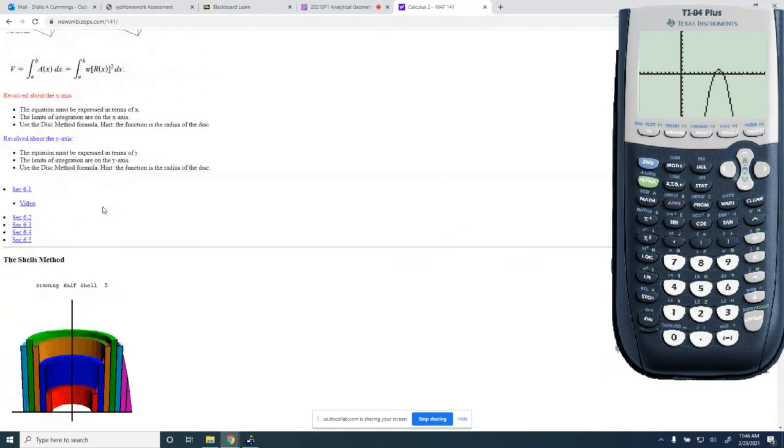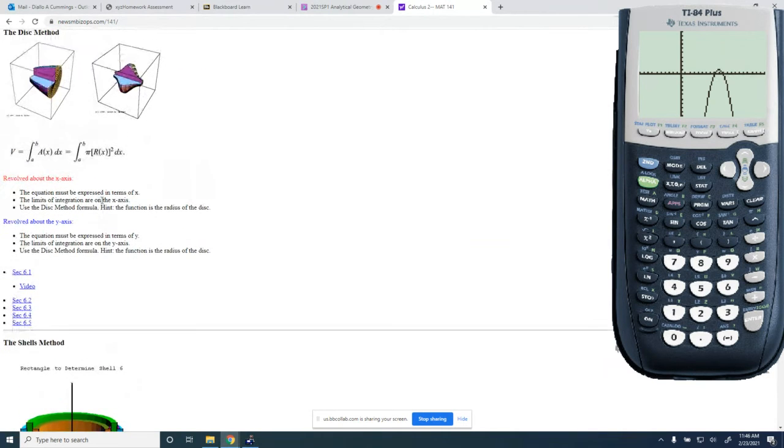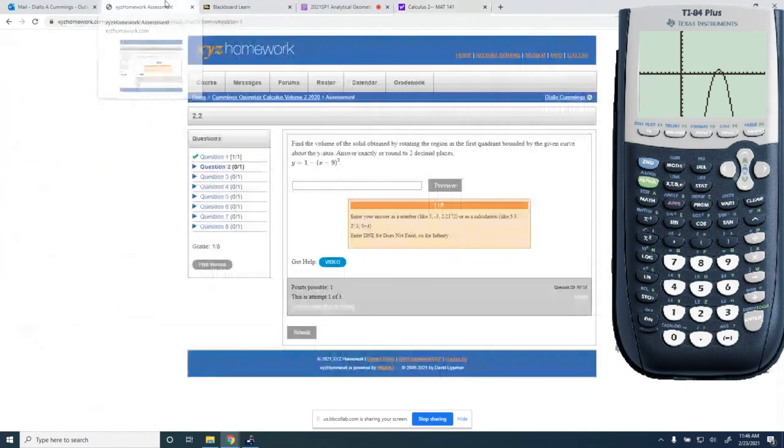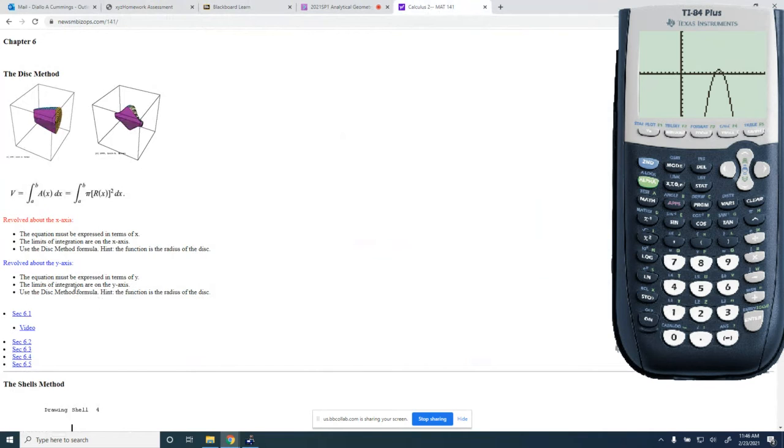All right, so if we're revolving about the y-axis, if you're using the disk method, your equation must be expressed in terms of y, right? But notice that our equation is expressed in terms of x.